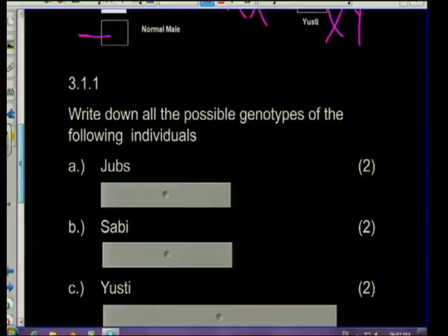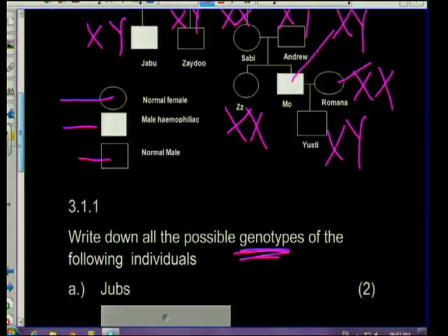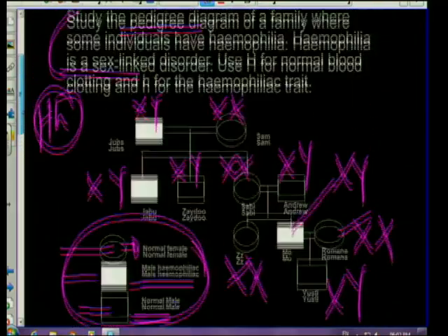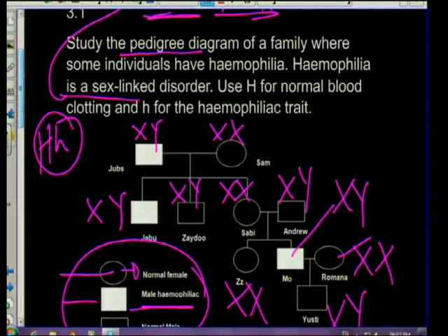They tell you to write down all the possible genotypes of the following individuals: Jubes, Sabi, Yusti. The question says a normal female, a male hemophiliac, and a normal male. The males are easy to do.